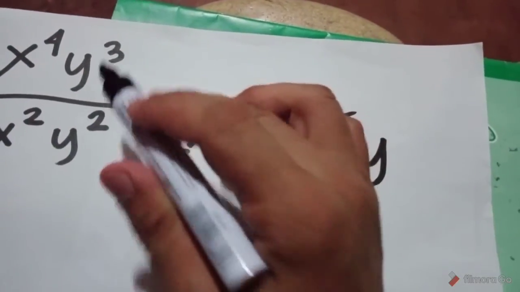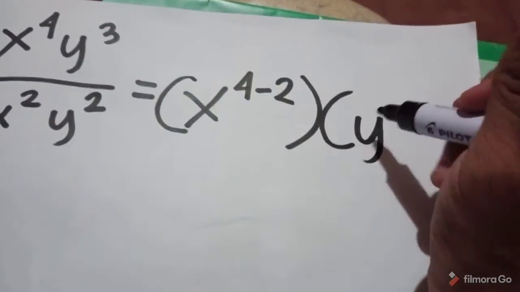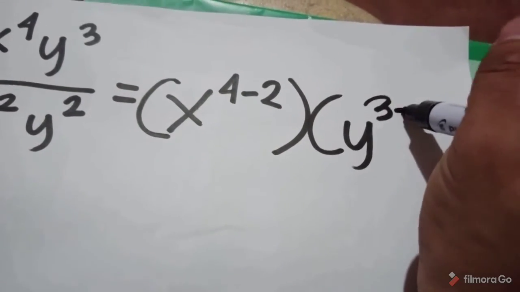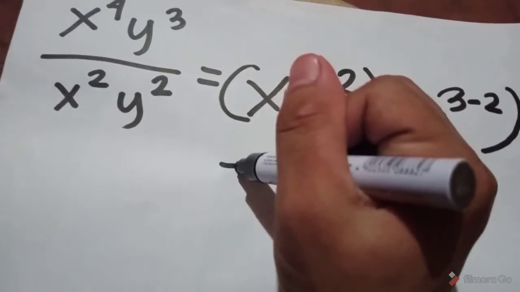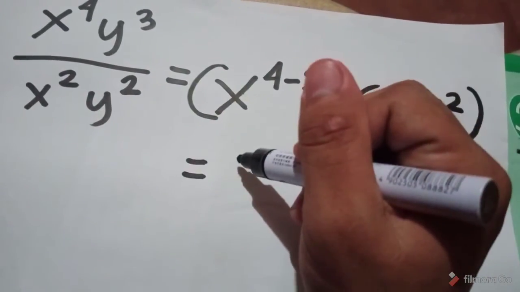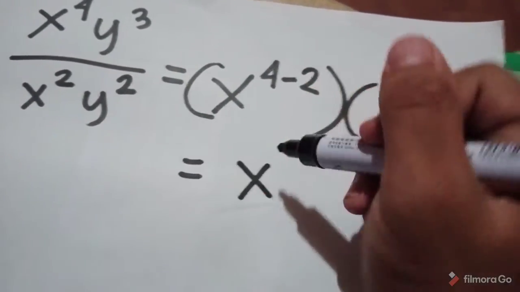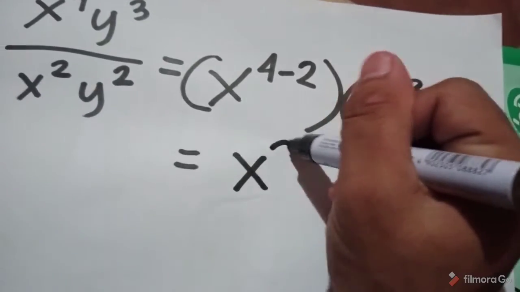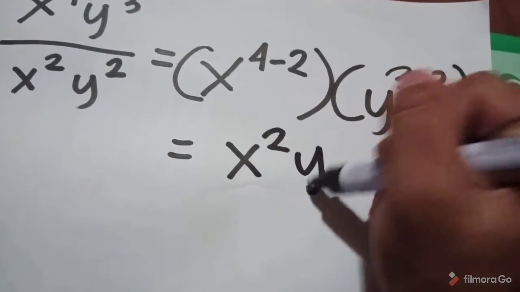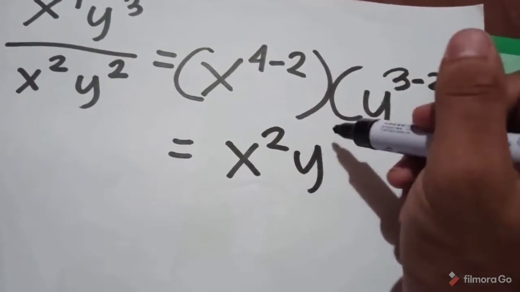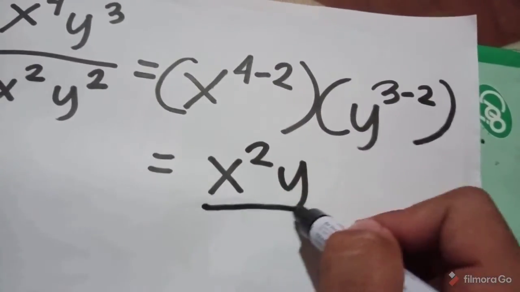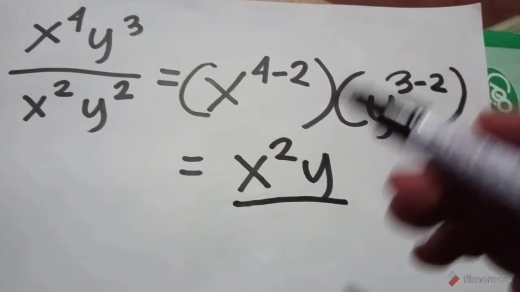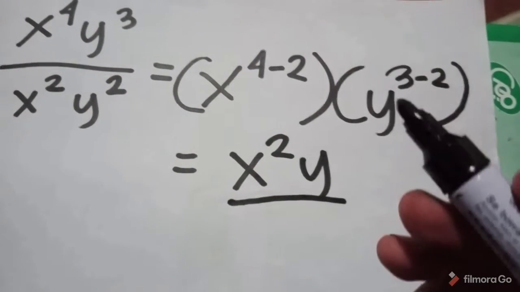Then subtract the top and bottom exponents. The answer is x to the 4 minus 2 equals 2, and y is 1. So this is the final answer, how to simplify an expression using the quotient property of exponents.